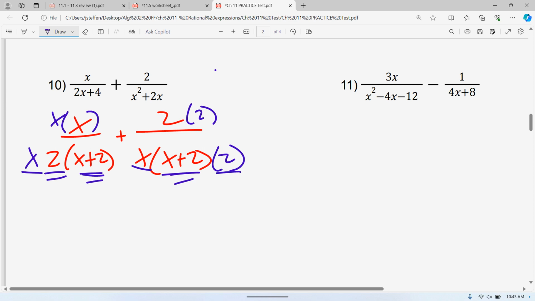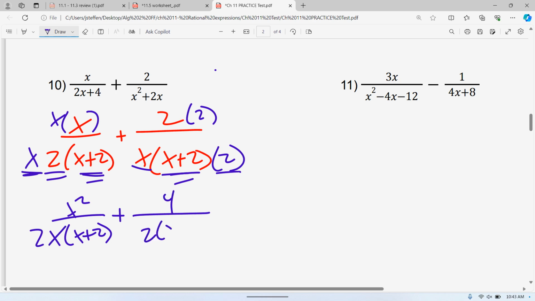So x times x is x squared. 2 times x plus 2. And I forgot an x. Hold on. X. That's that. x times (x plus 2), 4, and then 2 times (x plus 2).